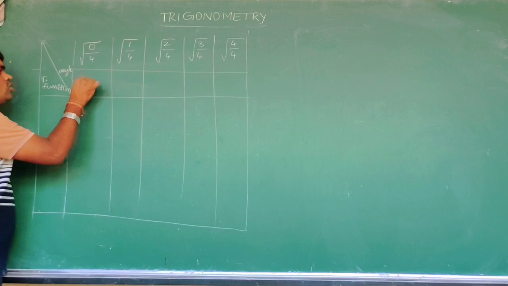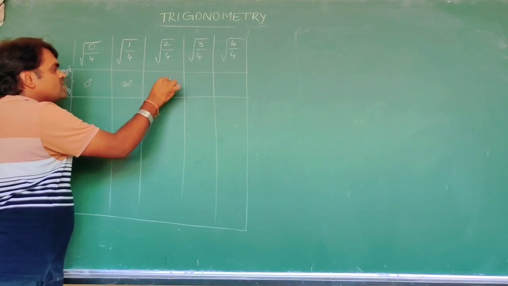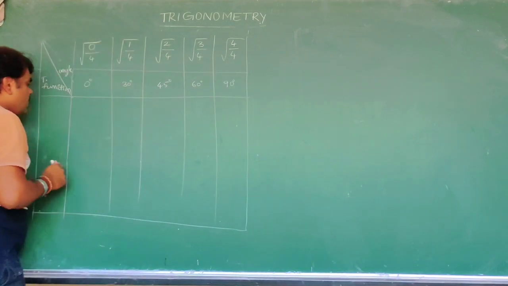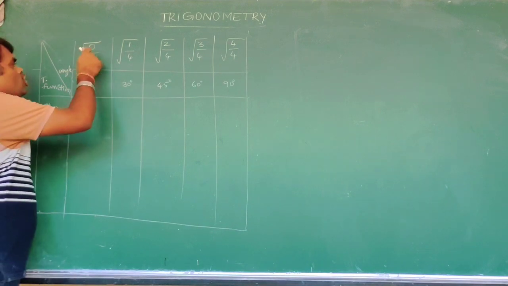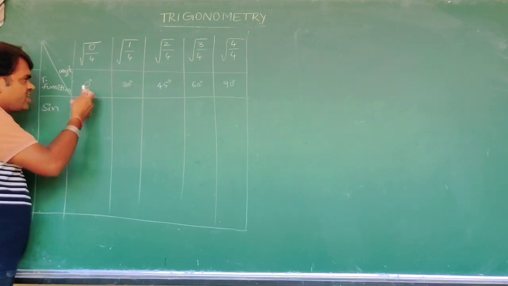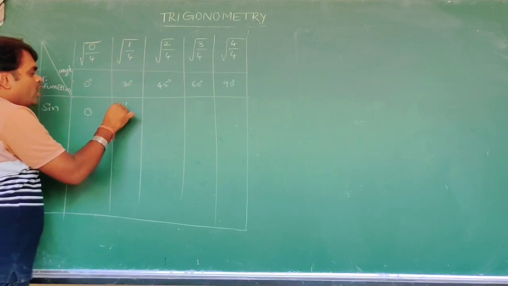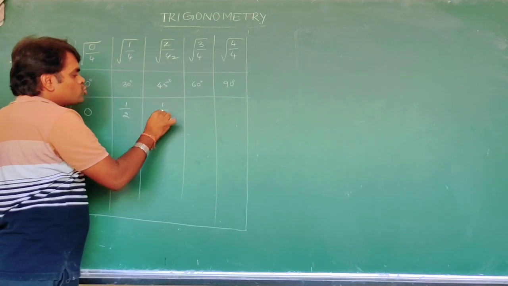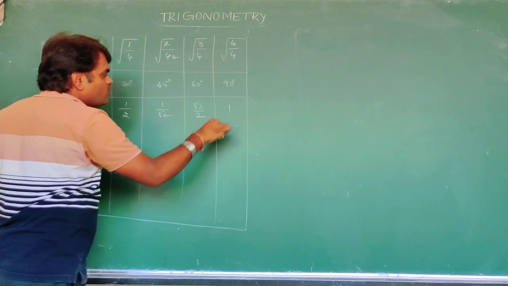Like this: 0, 30 degree, 45 degree, 60 degree, 90 degree. See, first function sine. 0 by 4, 0. Sine 0 is 0, already we discussed. 1 by 2, 1 by root 2, root 3 by 2, 1.